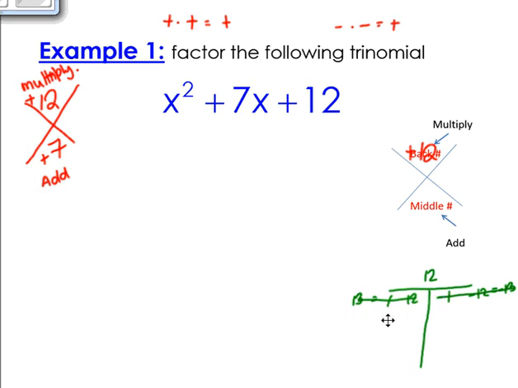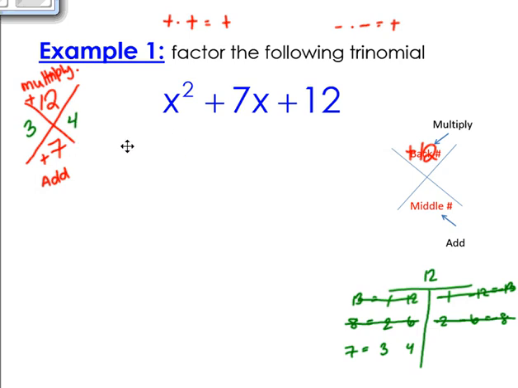Okay, well, 2 and 6. Well, 2 plus 6 is 8, not 7. Negative 2 and negative 6. Well, negative 2 plus negative 6 is negative 8, not 7. So let's try 3 and 4. 3 plus 4 is 7, so that is my answer, 3 and 4.